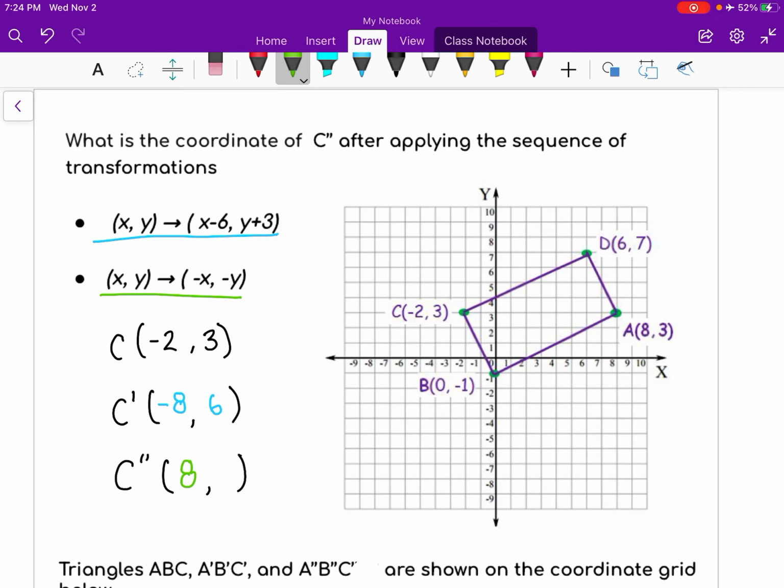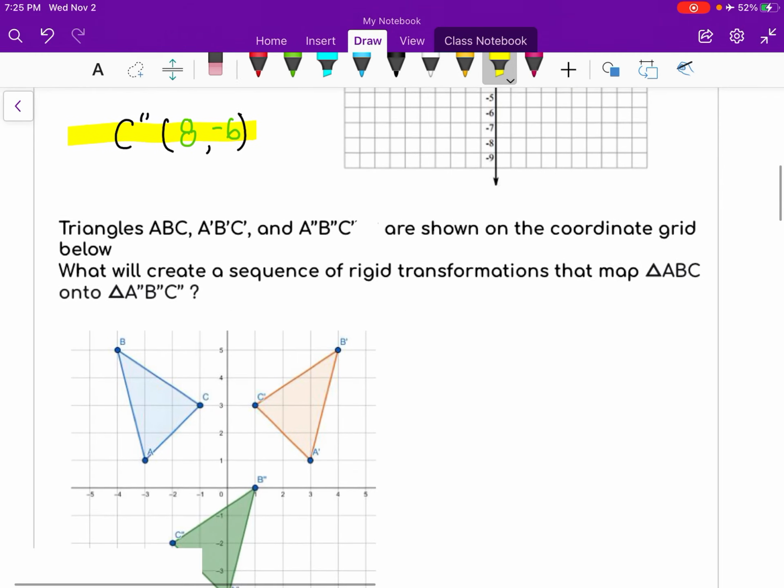And +6 times -1 is -6. So our final answer is that C double prime is at the point +8, -6. And that's it. Let's move on to question number 2.